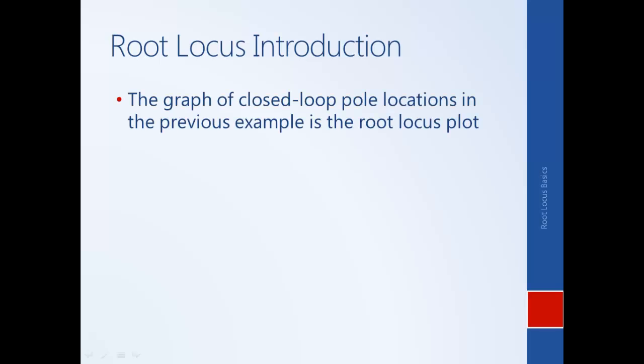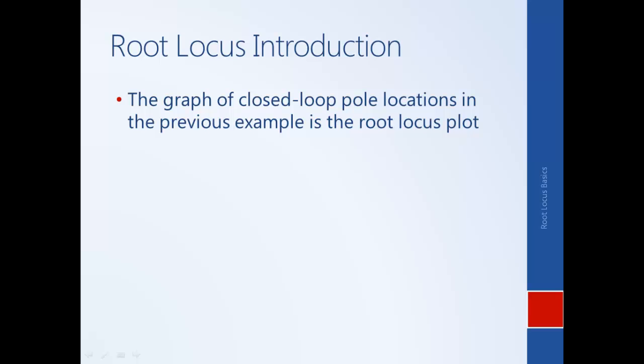So what we just drew there was in essence the root locus. It was the locus of all the roots, or the roots of the closed loop denominator. And the way that we did it was just by brute force.